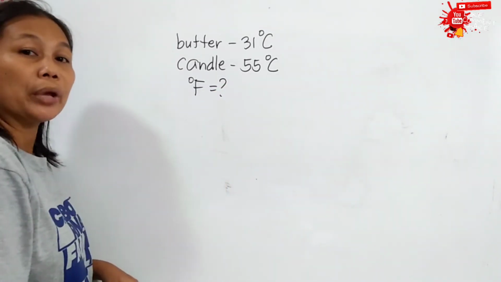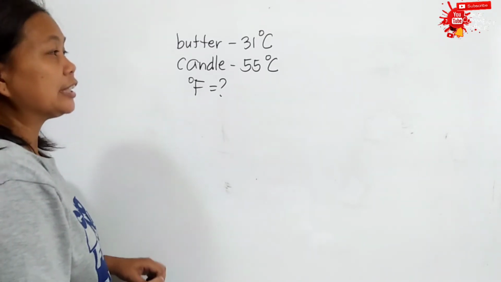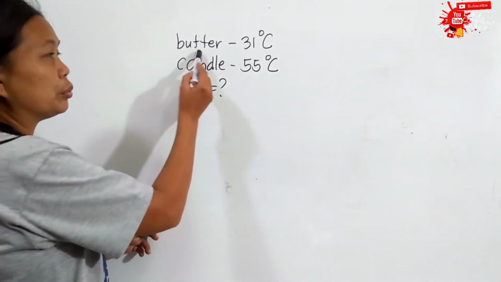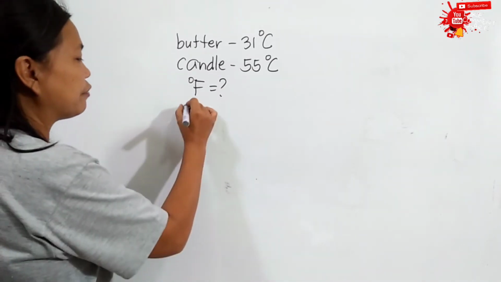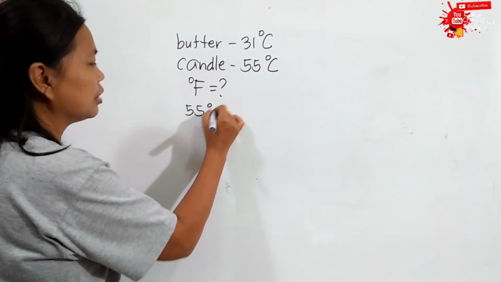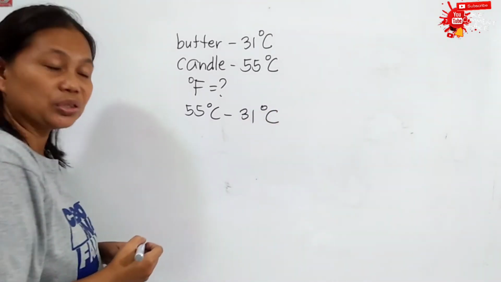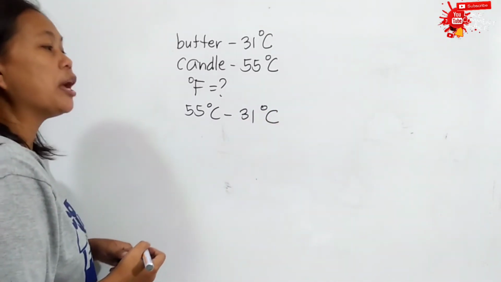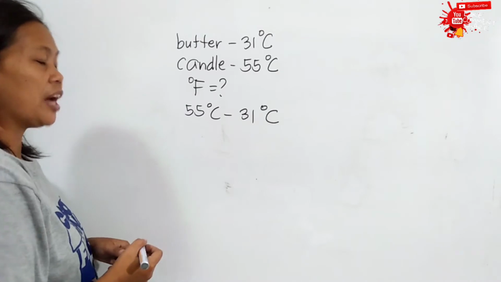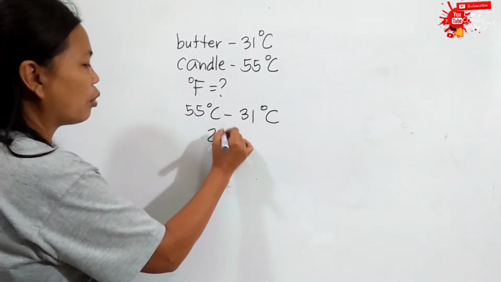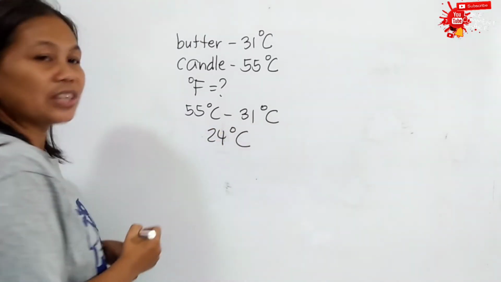First, we need to subtract the melting points of these two, 55 degrees Celsius minus 31 degrees Celsius. So what is 55 minus 31? We have 24 degrees Celsius.